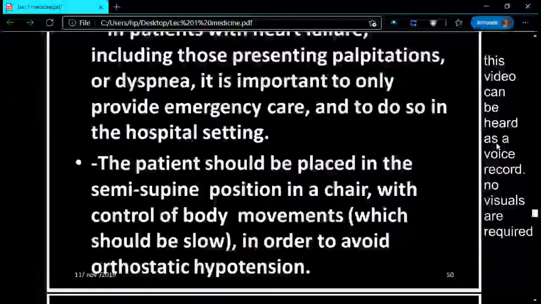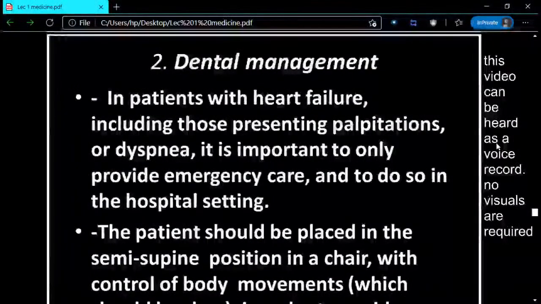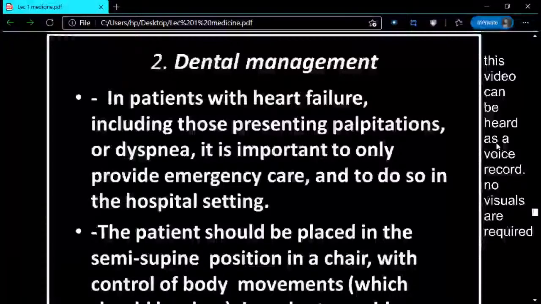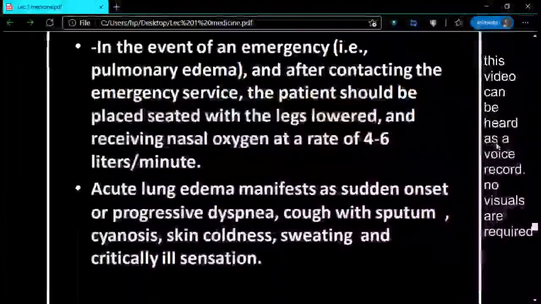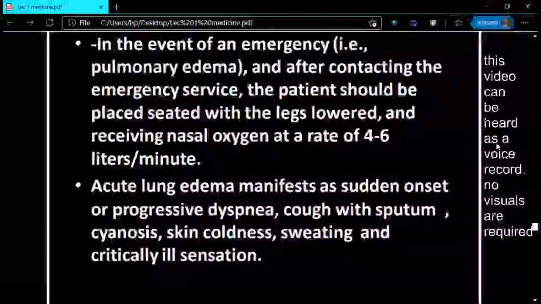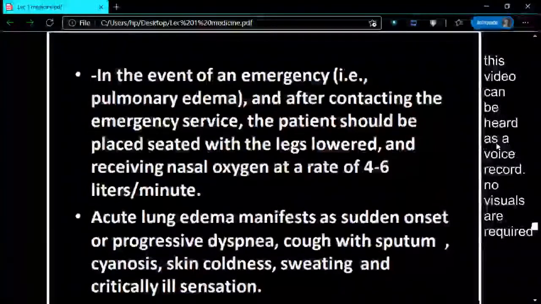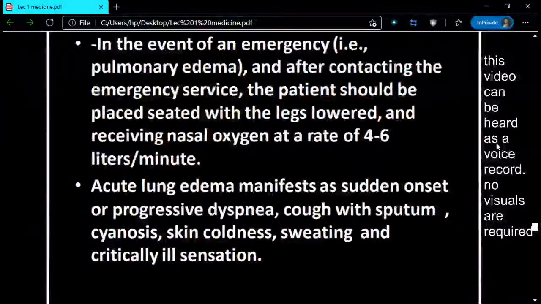In the hospital, while treating them, the emergency treatment is oxygen.